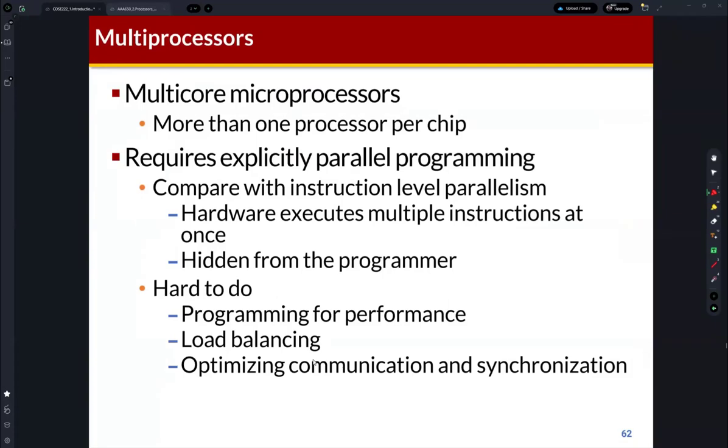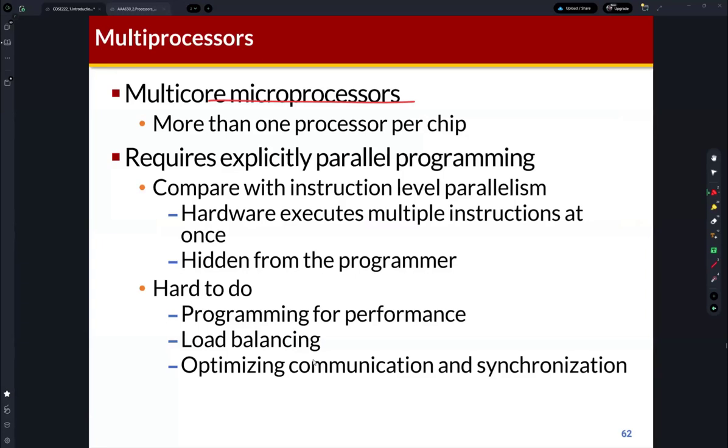So it changes to multi-core processors. A multi-core microprocessor means there are multiple cores in a chip, okay? Actually, every CPU is a multi-core CPU, right?